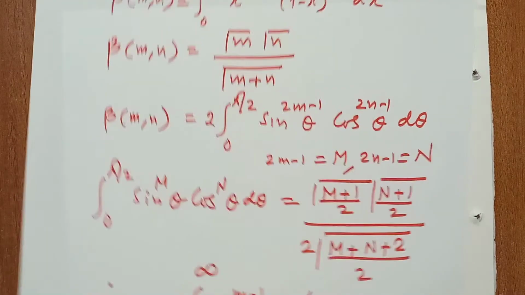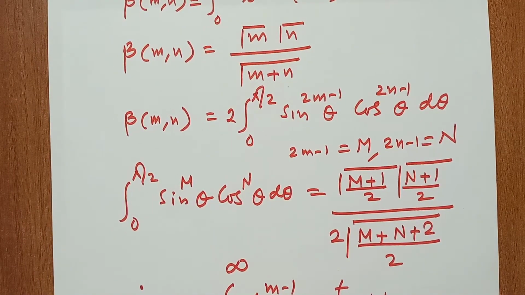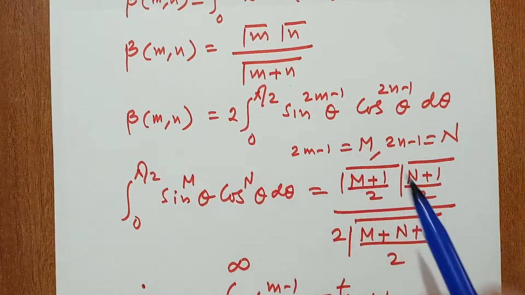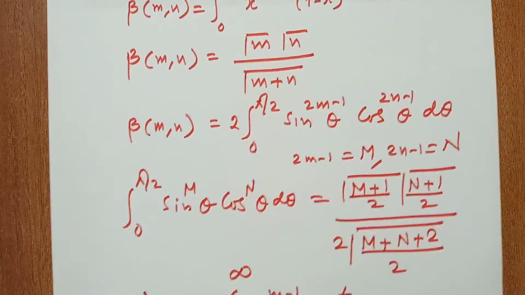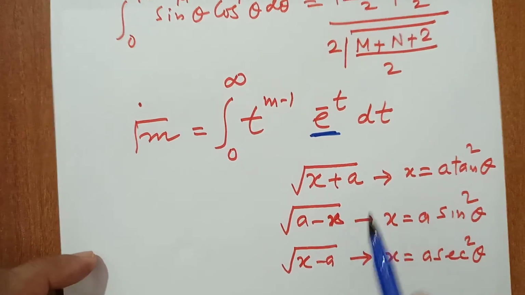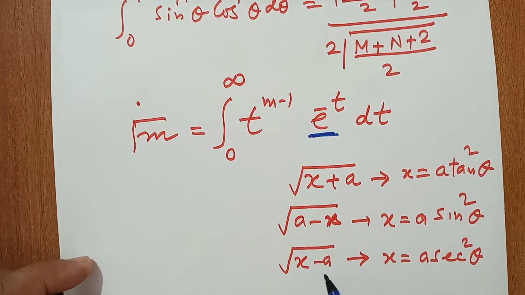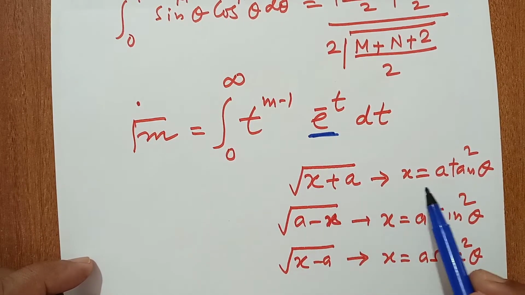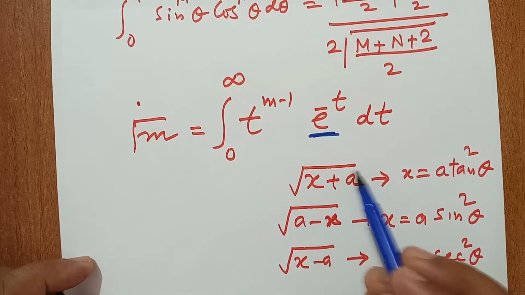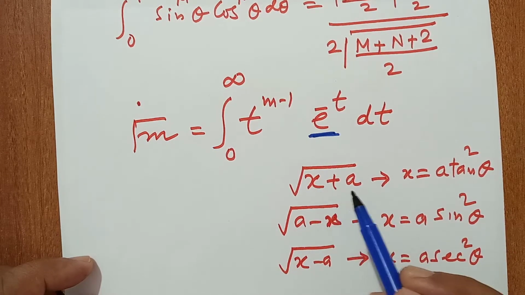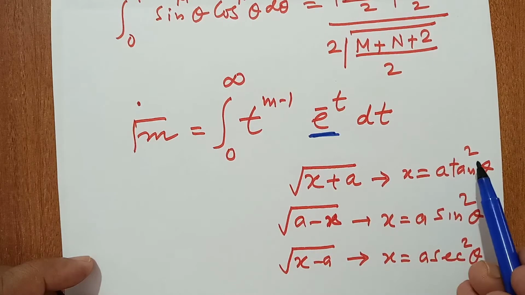There are only two types of questions: one is trigonometric and the other is in the form of x. If any question is in the form x plus a or a minus x, remember this substitution. When it is square root of x plus a, you put x equal to a tan square theta.